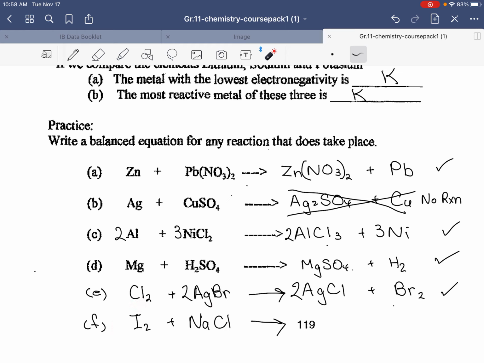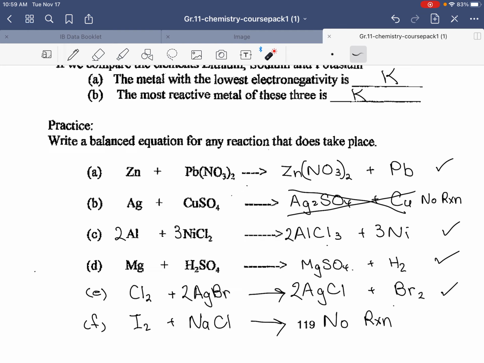You're gonna try to displace me to hook up with Na? That's not gonna happen. Keep dreaming, because this reaction has no reaction. I will not displace Cl, because I is less electronegative than Cl. I love sodium's electron way too much for you to displace it. Ha!